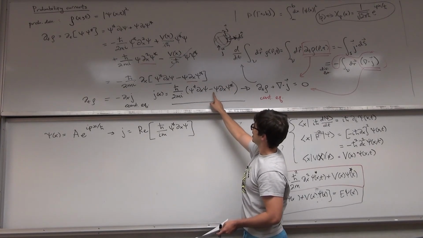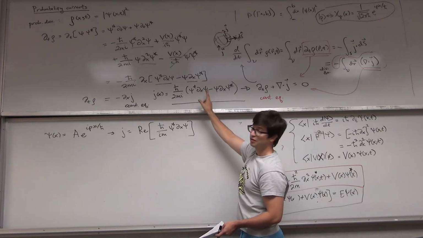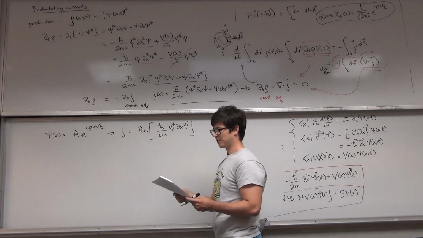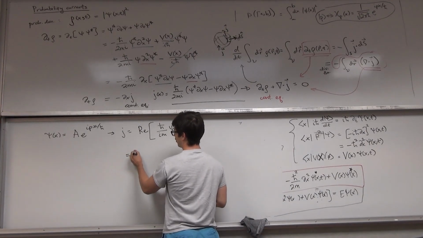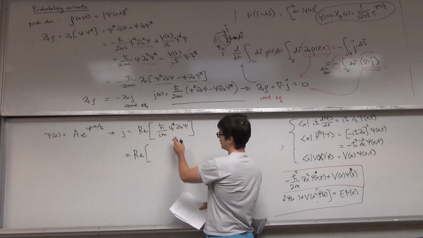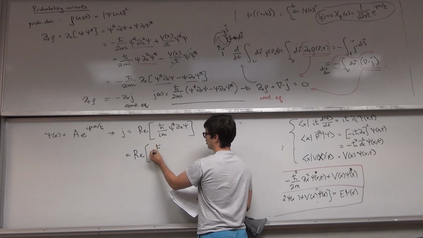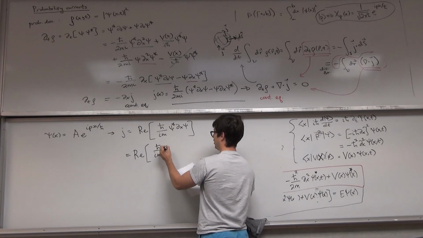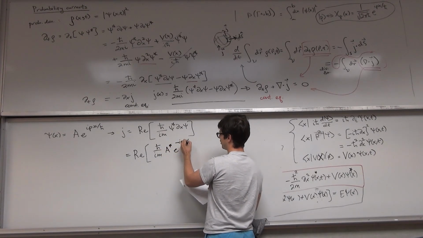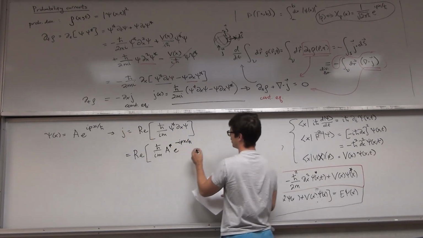And when you add the complex conjugate, this i becomes minus i, so you get this minus sign, and these two exchange, so you get this. This is convenient because it's typically easier to take a real part of something than to compute both of these terms. So let's plug in this solution. It's h bar over i m, psi star, e to the minus i p x over h bar. And when you take a derivative, it pulls down a factor of i p over h bar.